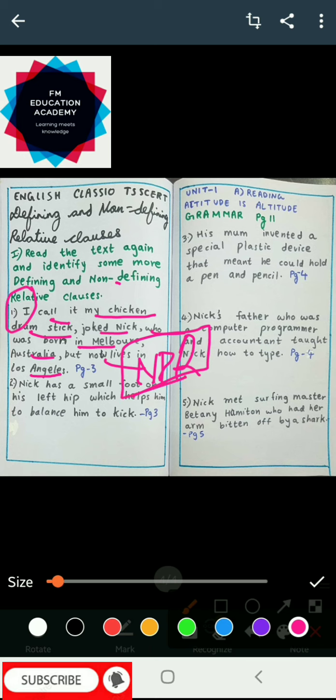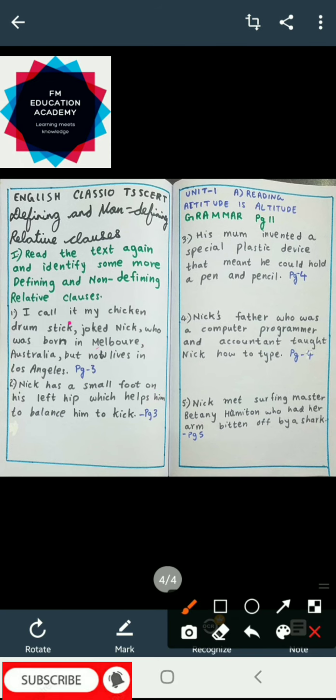This first sentence is a non-defining relative clause because they are separated by commas, and also Nick is calling it a drumstick. That is one part of the sentence. And then he was born in Melbourne, Australia, and now he is living in Los Angeles. So here we can see that there are two parts to the sentence and we have commas, and nothing is defined here. That is why it is called a non-defining relative clause.